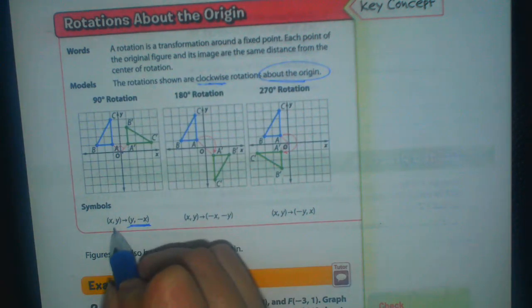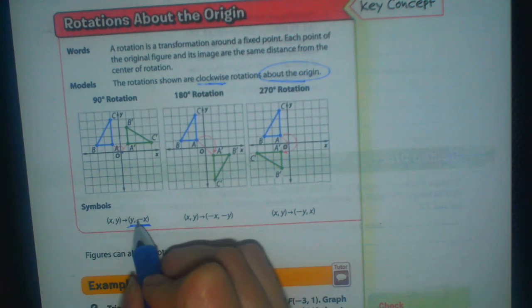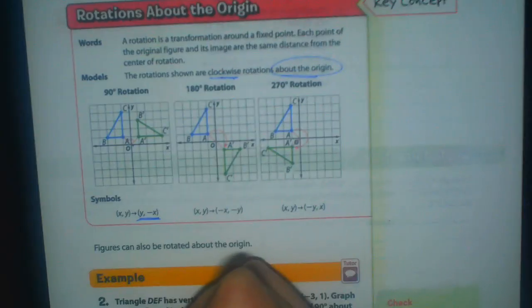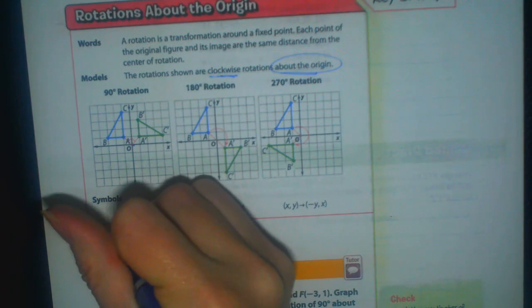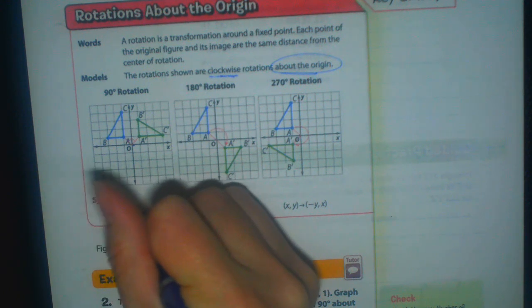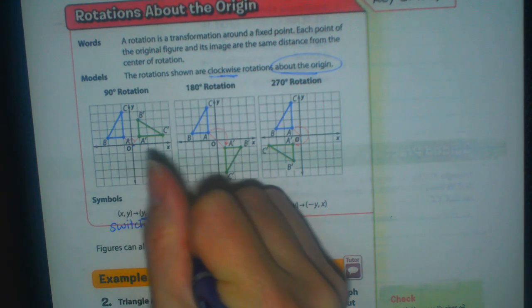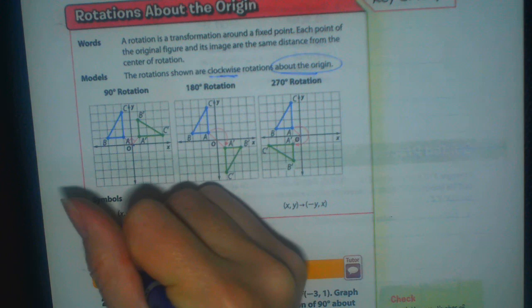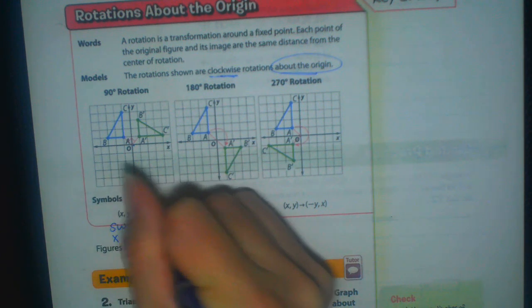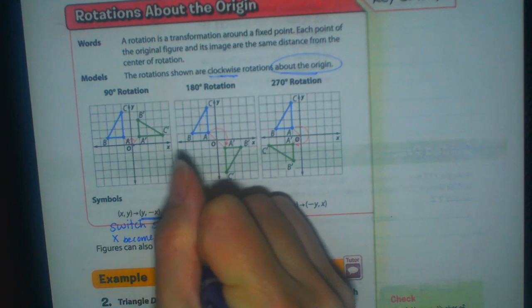Your X and your Y are going to flip spots, and then your X is going to become the opposite. So switch spots, X becomes opposite.